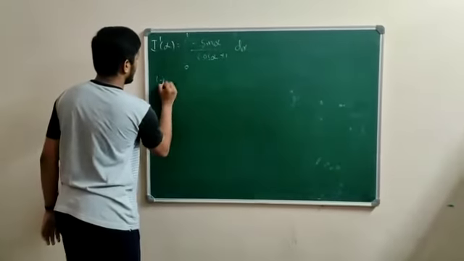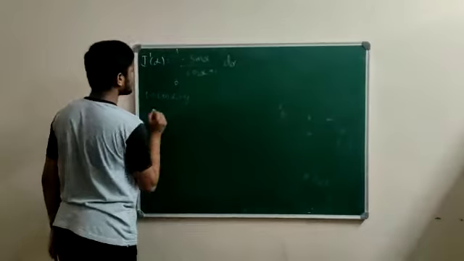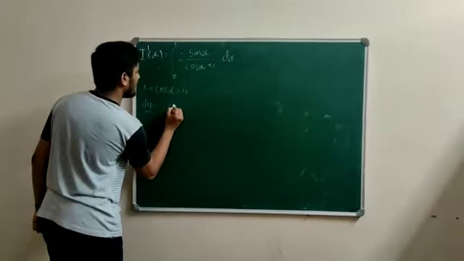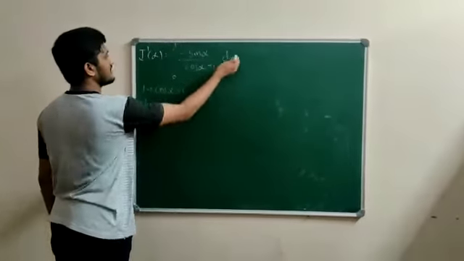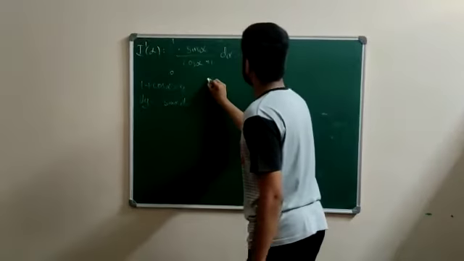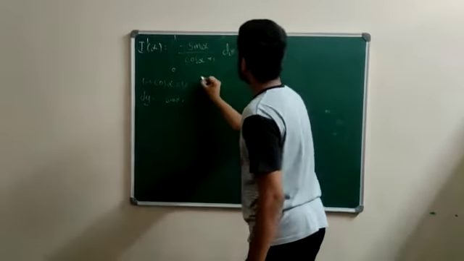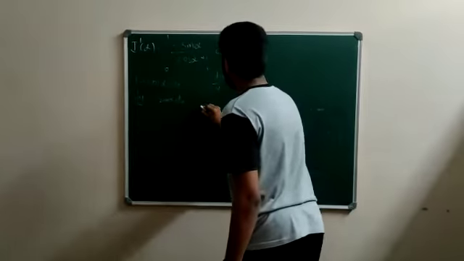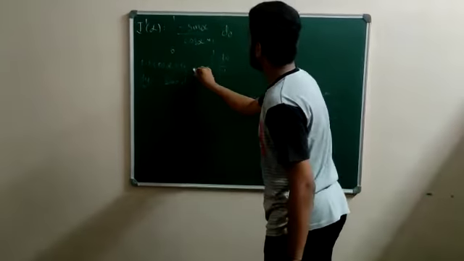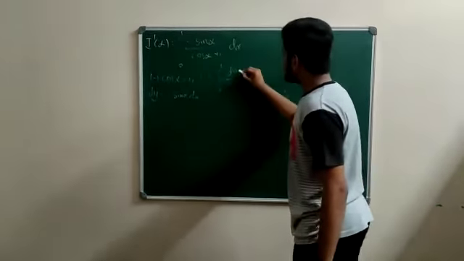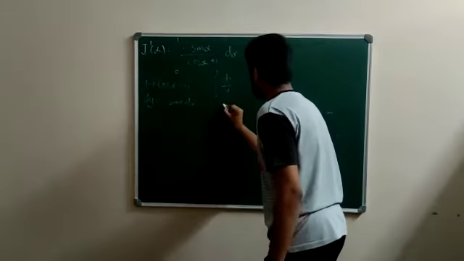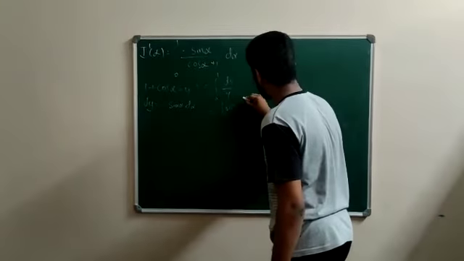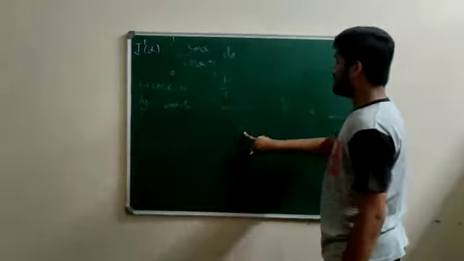So taking 1 plus cos alpha as y, dy becomes minus sin alpha d alpha, which is already there in the problem. So I dash of alpha becomes the integral of 0 to 1 of dy by y. The integral of dy by y becomes log y plus c, with the limits 0 to 1.